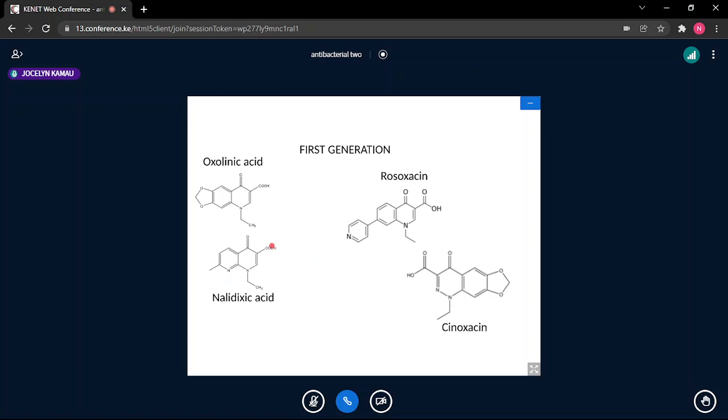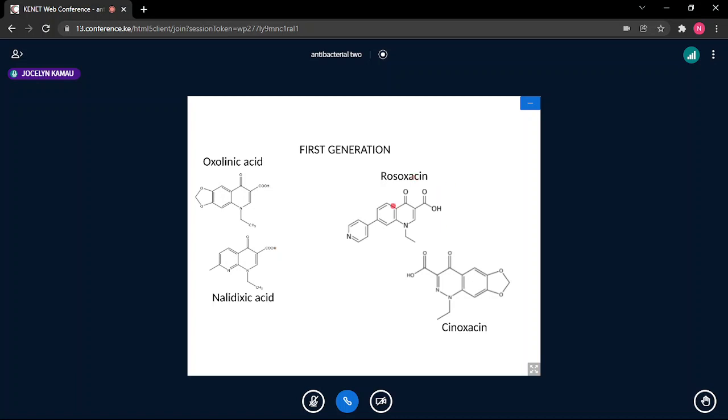And as you can see, the area that seems not changeable is this area where you have the carboxylic group and the oxo group there, and you have this position. So this position here seems to be inviolate, a position that is not really changeable, but quite a number of the other positions indeed can be changed.